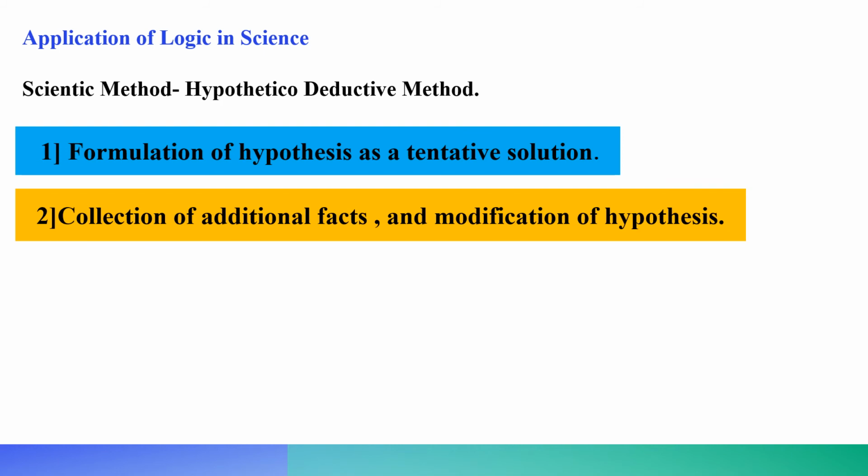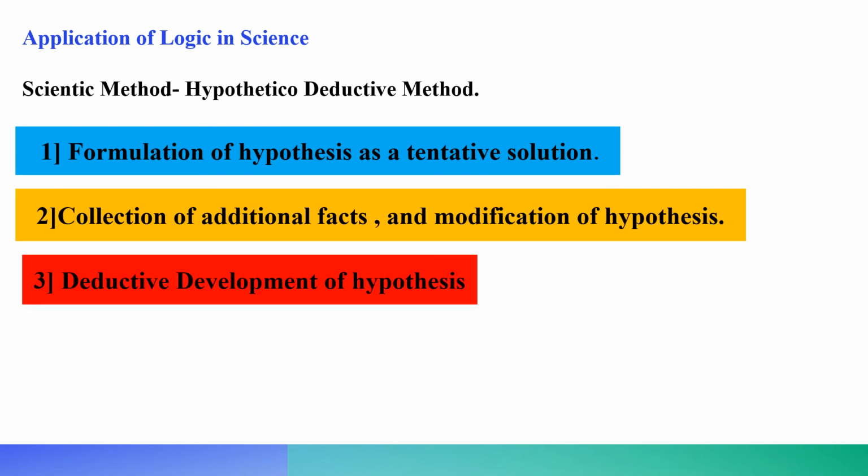But only in rare cases, the very first hypothesis is the correct solution. In most cases, a number of hypotheses have to be rejected before the correct solution is found. The third stage is deductive development of the hypothesis.